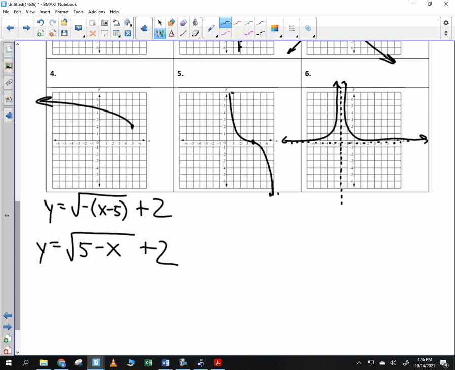We all good? Okay, so Ella, just to see if I can get to where you're going. Notice how I started with this. I said right 5, I said up 2, and I said horizontal flip. And this just becomes the same as that, where it's 5 minus x instead of the negative there. Better? Okay. All right, next one.